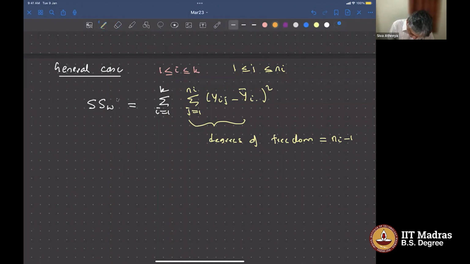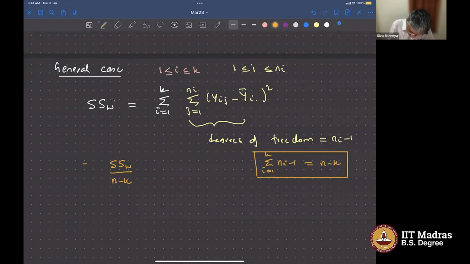It's a known fact that for the SSW, one can check, which I have not done, and divide by the total degrees of freedom, that is n minus k. If I sum all this over all i, the sum from i equal to 1 to k of ni minus 1 is just n minus k. This is what I'll keep in mind.